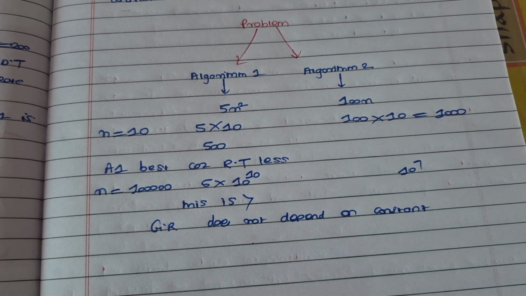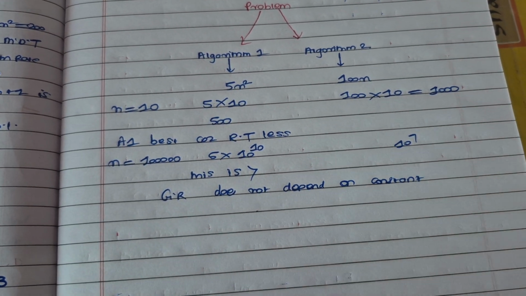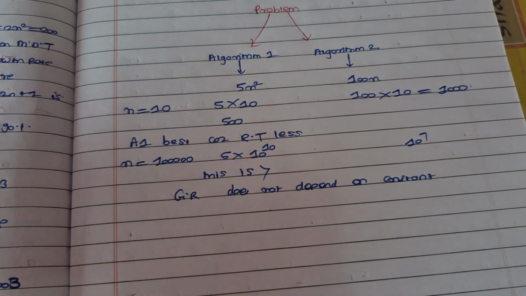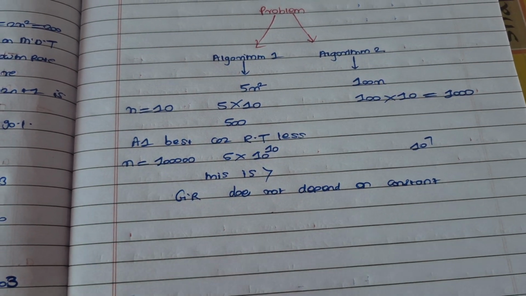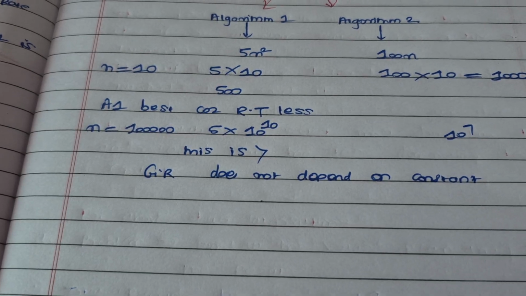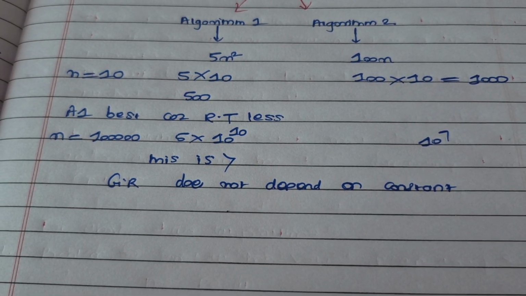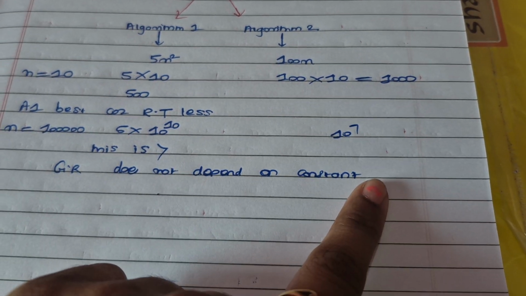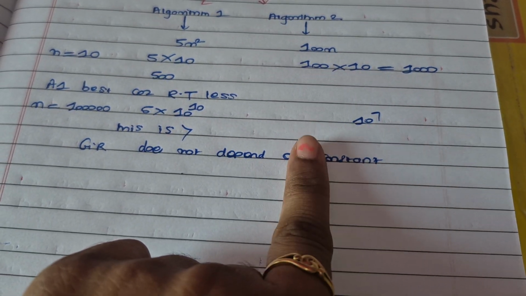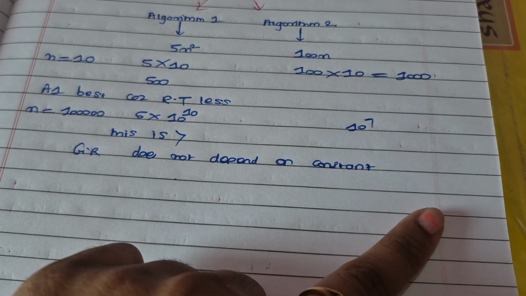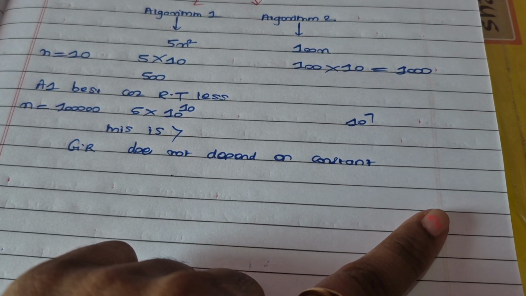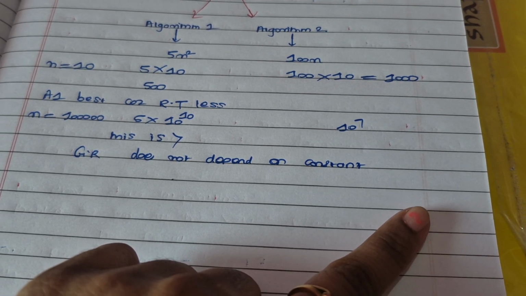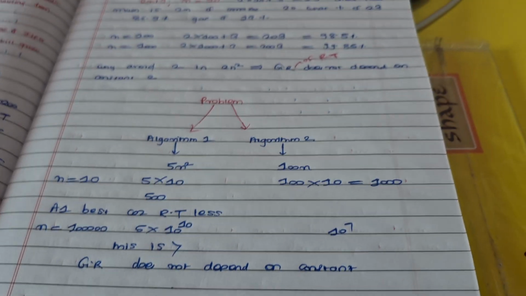If we take a lakh in terms of n square, this is getting a very big value. If the constant were contributing, then 100 times n, if I put 100 times a lakh, it might have been a bigger value, but that's not the case. So growth rate does not depend on the constant.